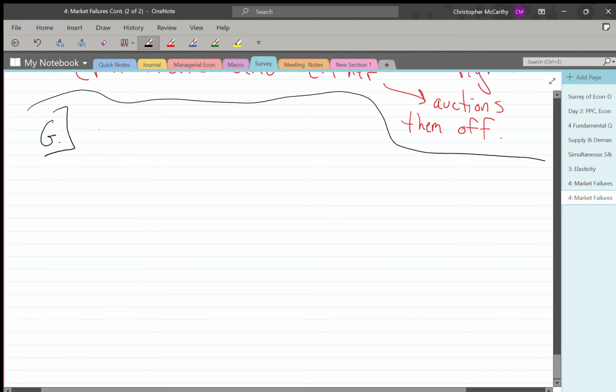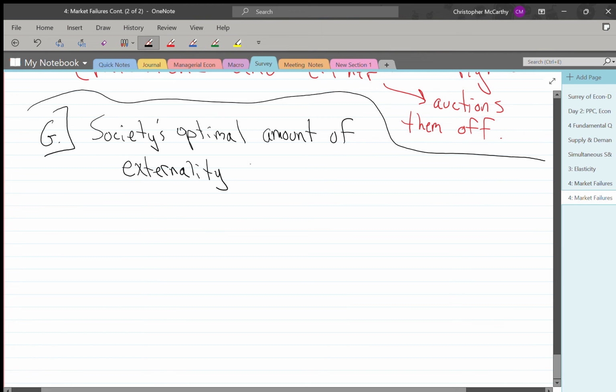It talks about how society's optimal amount of pollution, optimal amount of any kind of externality reduction, is not necessarily total elimination.